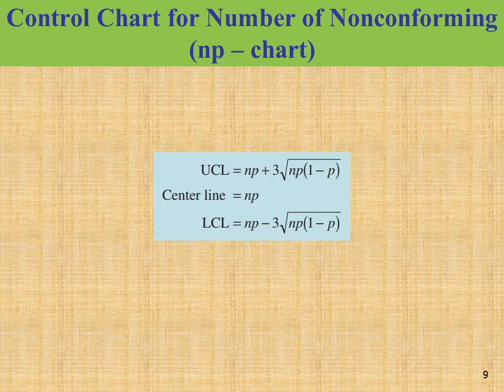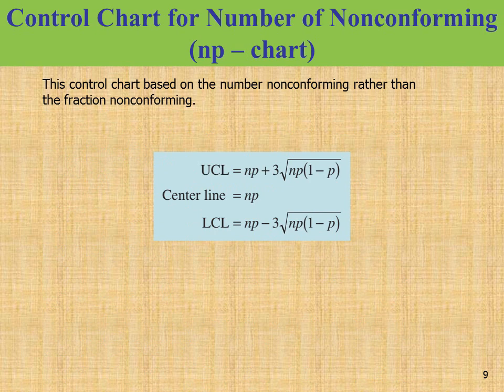So the np chart is basically the same as the p chart, but in the p chart we use fraction non-conforming, whereas in the np chart we use the number of non-conforming, that is, we use the number, not the fraction. And here the upper and lower control limits and the center line are given as depicted in the box. This control chart is based on the number of non-conforming rather than the fraction non-conforming. Otherwise it is the same as the p chart.